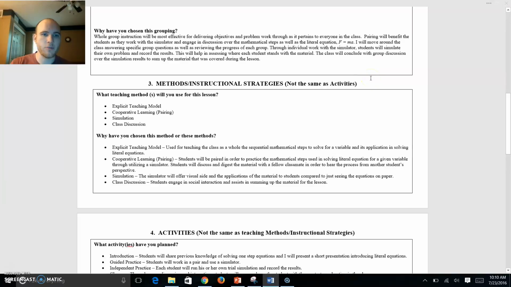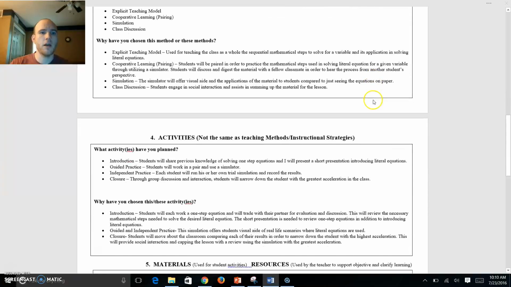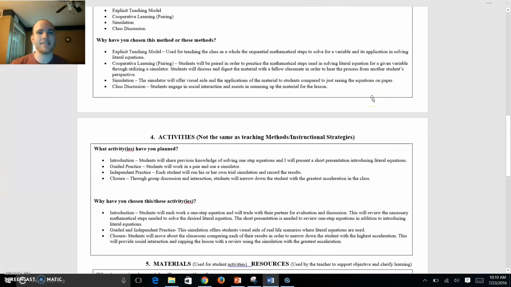So what teaching methods will we use for this lesson? Explicit teaching model, cooperative learning or pairing, simulation, class discussion. The explicit teaching model will be used for teaching the class as a whole the sequential mathematical steps to solve for a variable and its application in solving literal equations.